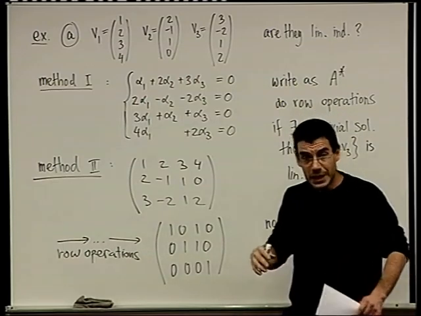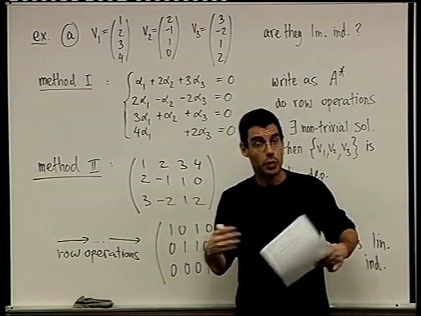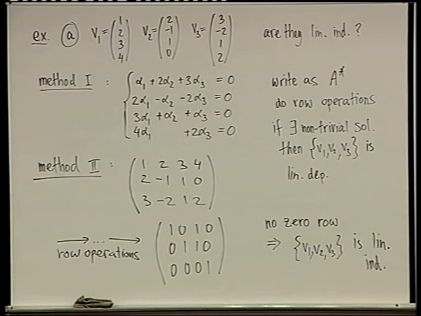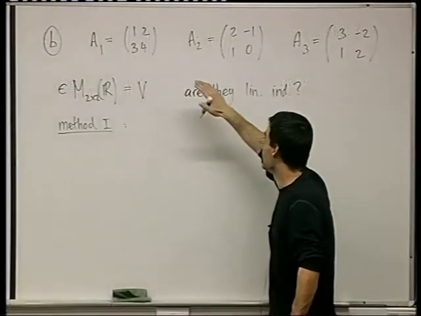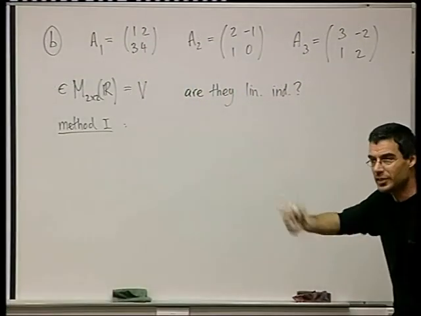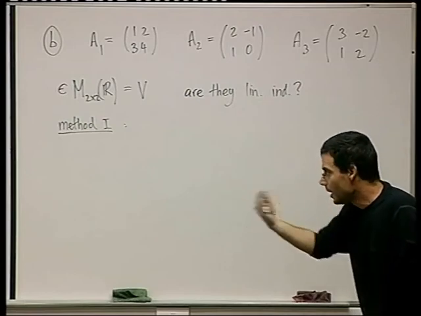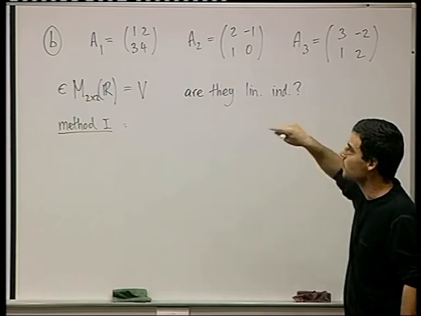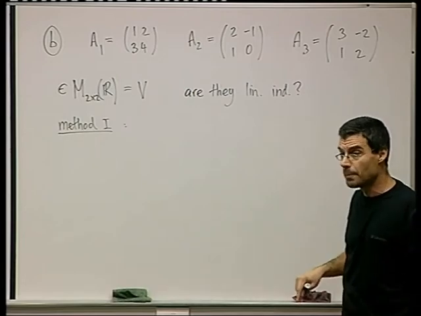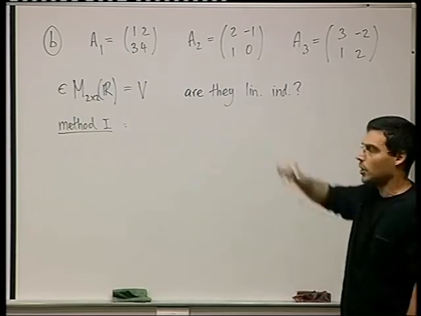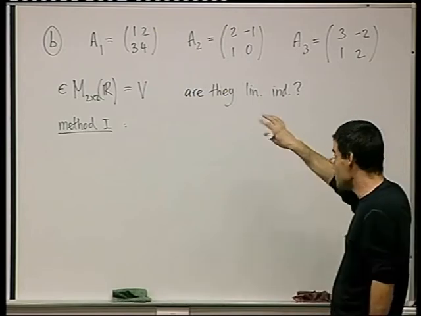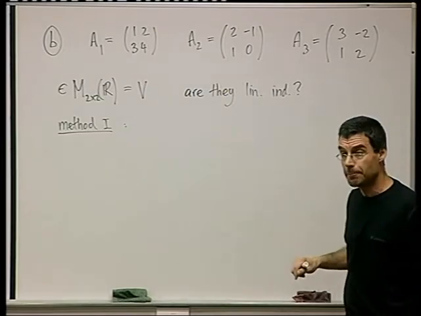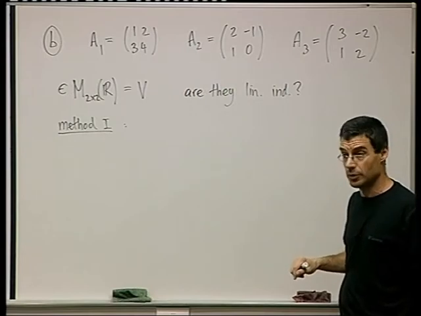So although we're working in a different vector space, in a different world, the world of 2 by 2 matrices over R, in fact, we're translating it. There's some mysterious connection between this vector space and R4, in which these 3 vectors really correspond to those 3 vectors. Sorry, these 3 2 by 2 matrices really correspond to those 3 column vectors.